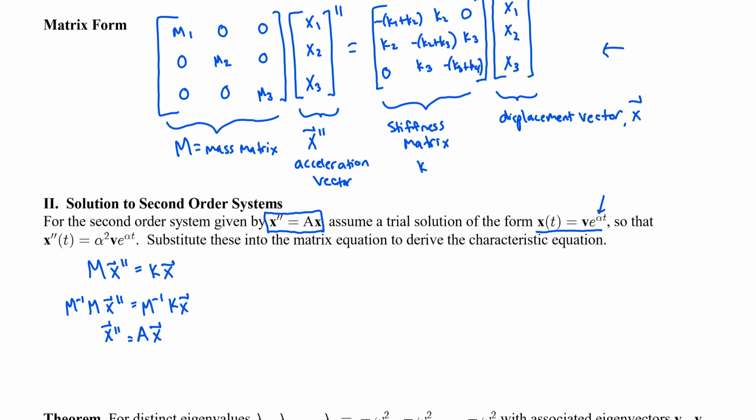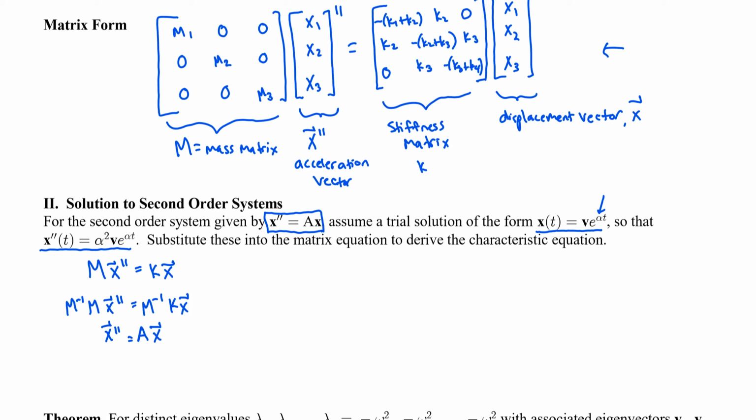Now, if I find the first and second derivatives, I end up with an acceleration vector x double prime equal to constant alpha squared v e to the alpha t. So notice we just made a copy of the e times the constant vector v times the derivative of the exponent 2 times over, so we end up with an alpha squared here.